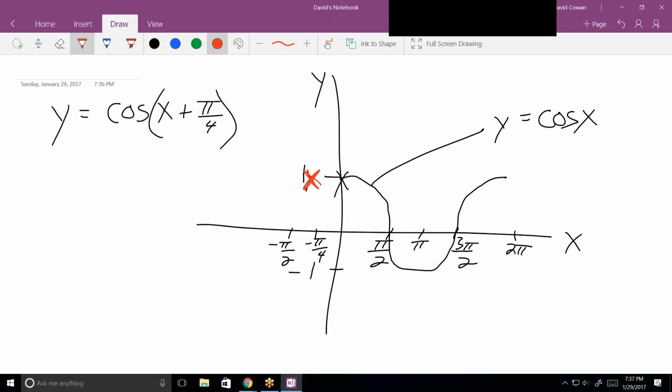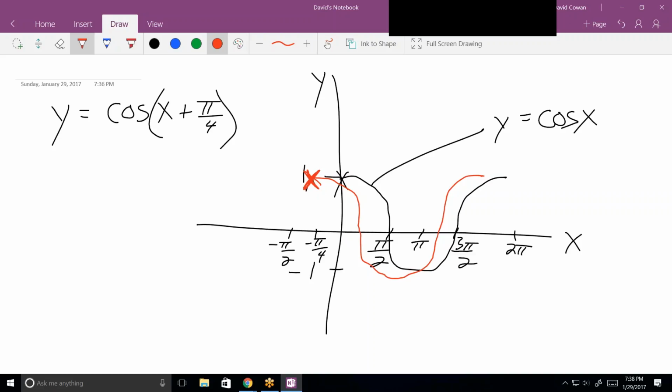And that's the way I'm going to do this transformation. Then I'm going to draw a normal cosine curve as if this was the y-axis. In other words, it's going to look something like this. Notice that shifts do not change the shape of the curve.